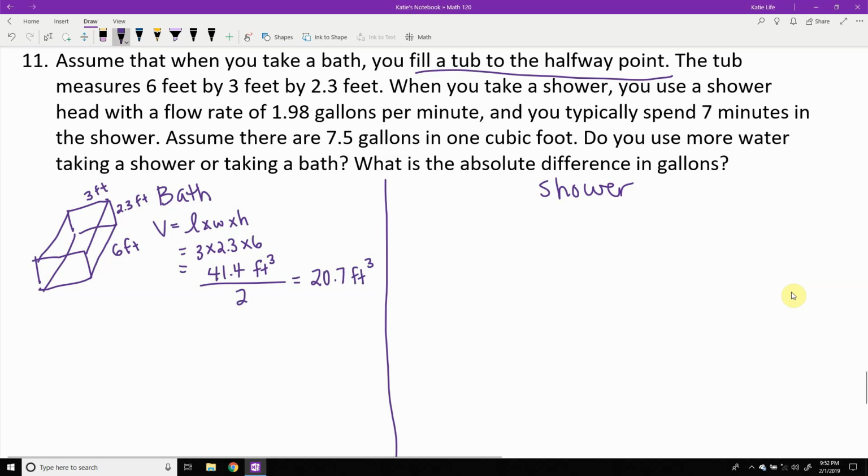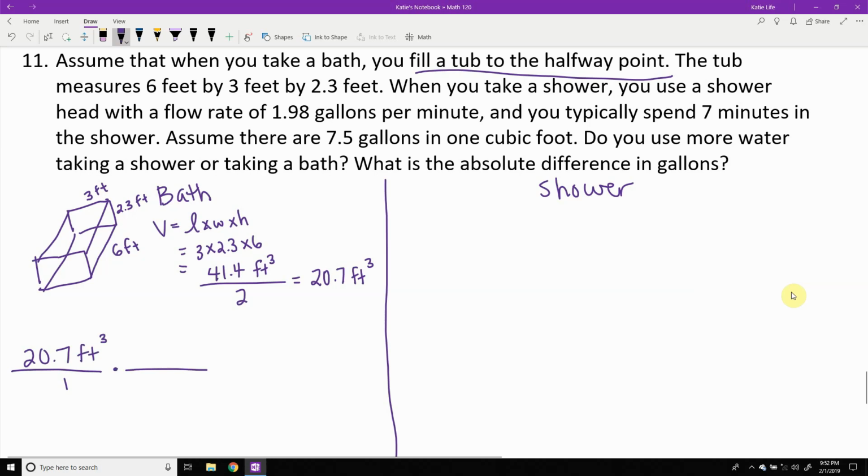Okay, now in order to make a direct comparison between the amount of water used in the bathtub and the amount of water used in the shower, I really should transform this into gallons. So let's put our information into the comparable unit.